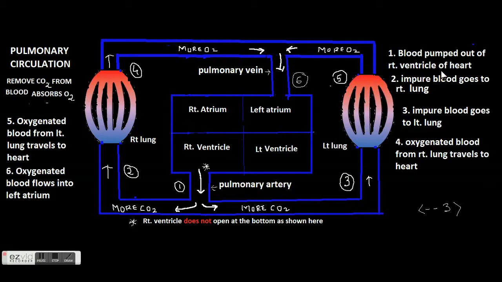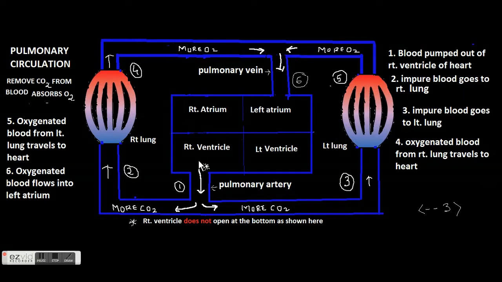Now, first item number 1, here blood is pumped out of the right ventricle of the heart, and you see this asterisk that I have given here, it means the right ventricle does not open at the bottom as shown in this diagram. There is no outlet in the bottom. I have shown it only for the sake of simplicity to make the diagram look simple.